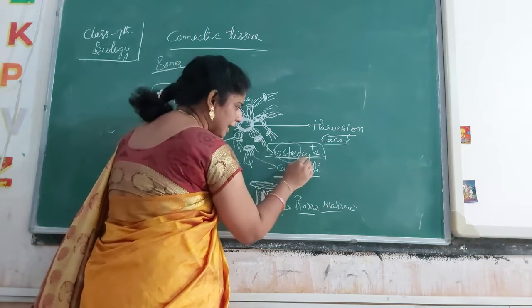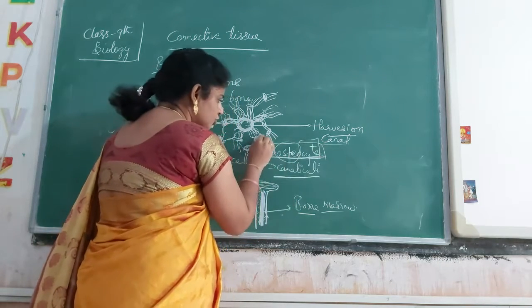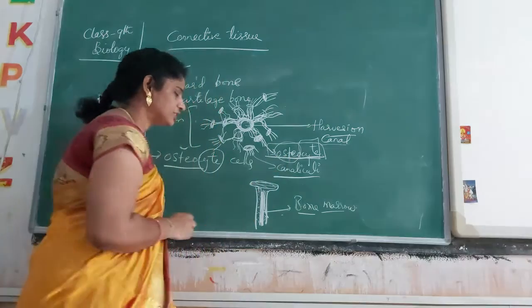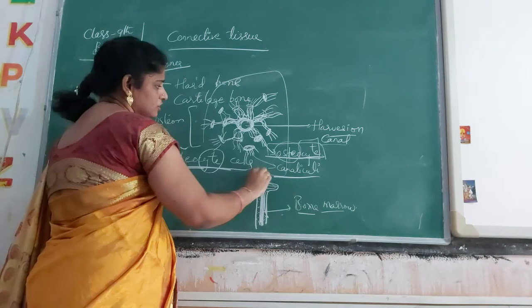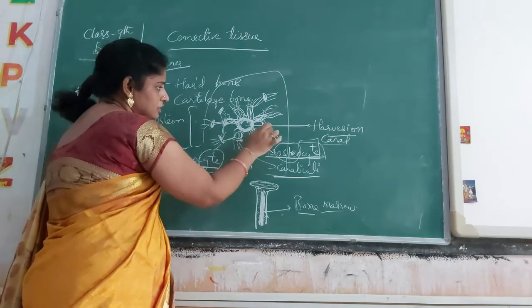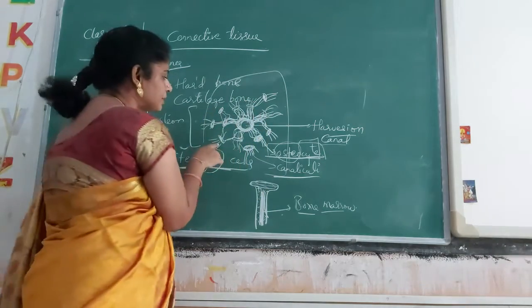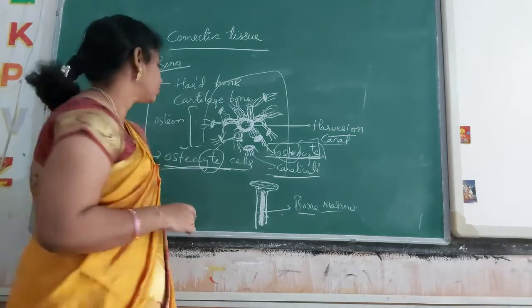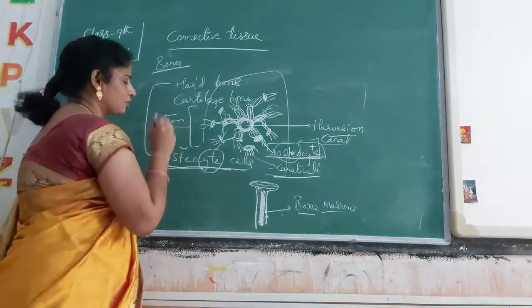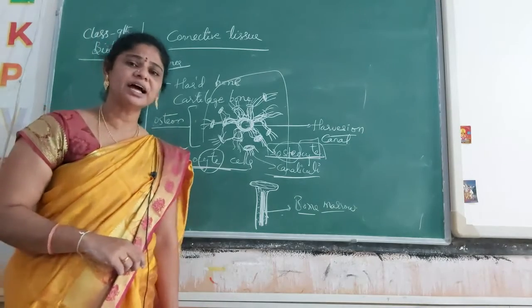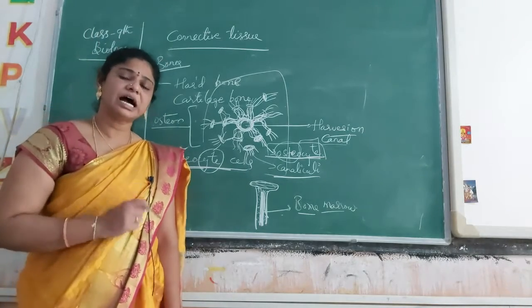Osteo means bone, cyte means cell, so osteocytes are bone cells. Here also I have written osteocyte, because a number of osteocyte cells are present, linked with the canaliculi. This complete set we will call an osteon. This is a hard bone.